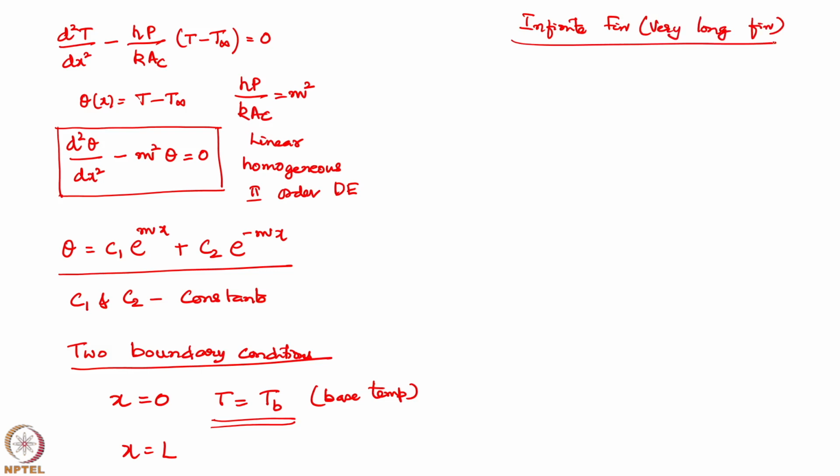if I take, that means at x equal to 0, T equal to Tb means theta b is equal to Tb minus T infinity.